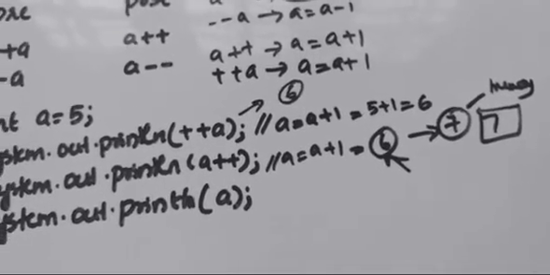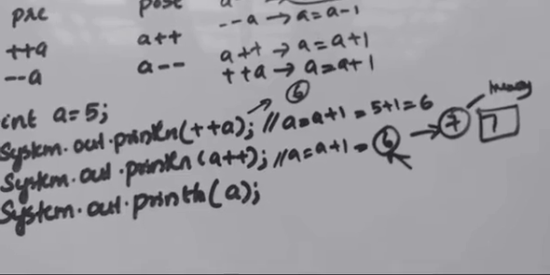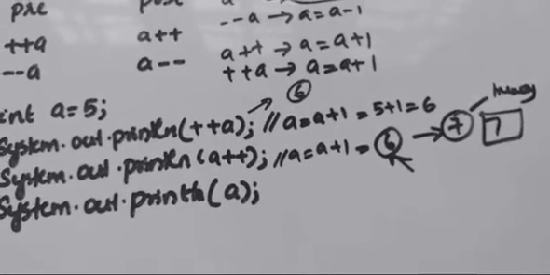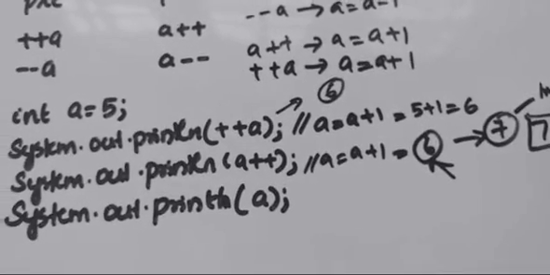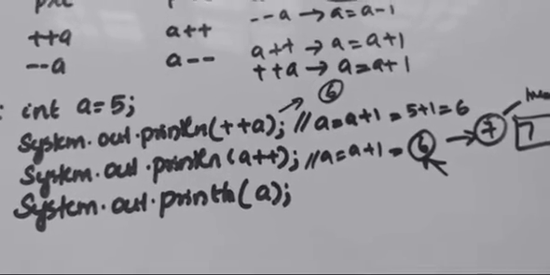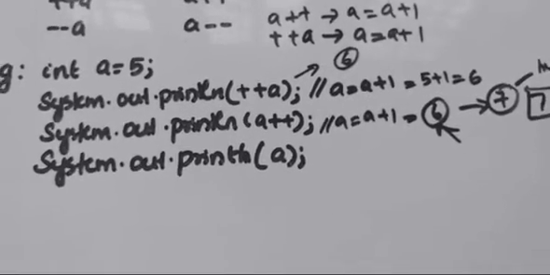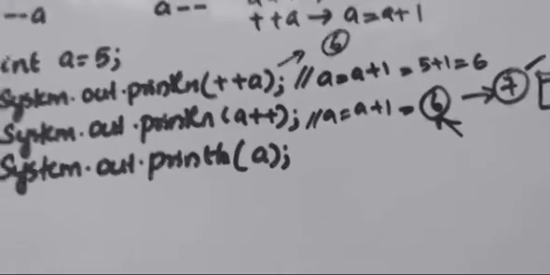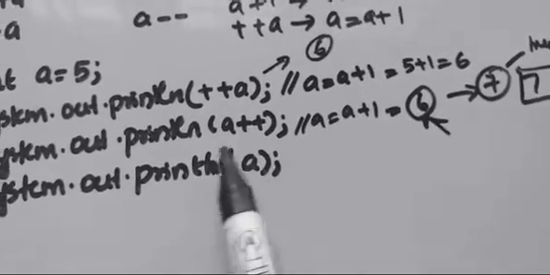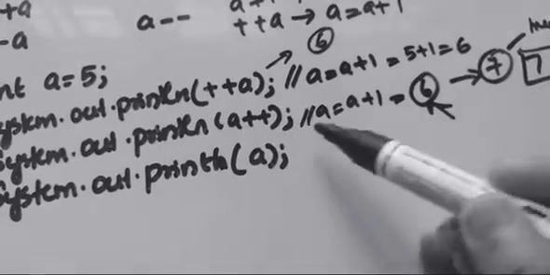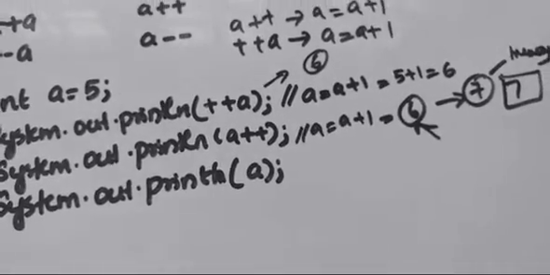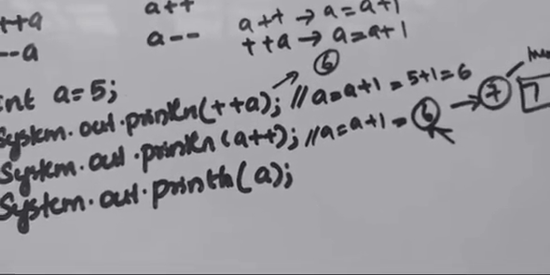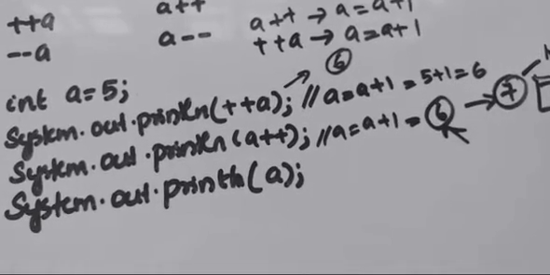First we use, then we increment the value. So the incremented value goes to memory. Keep in mind, this is the most important thing. So in this statement, what is the output? The output is 6, but the value will be incremented by 1.